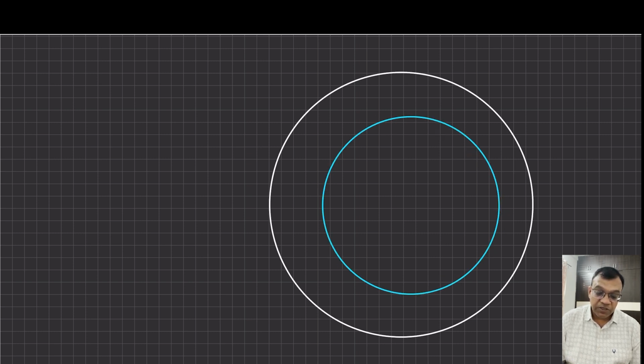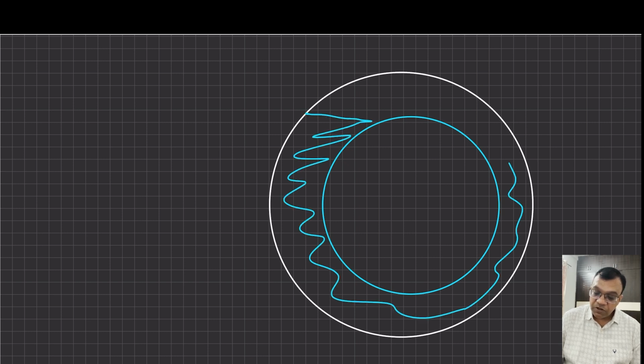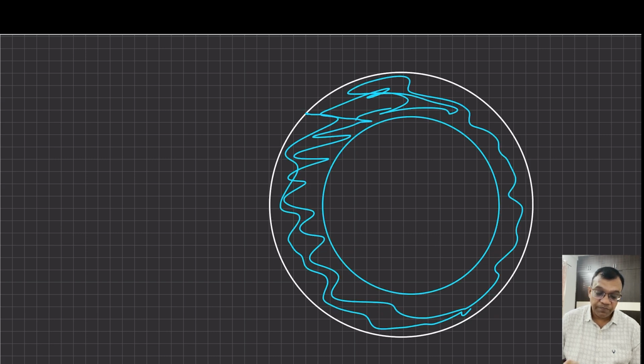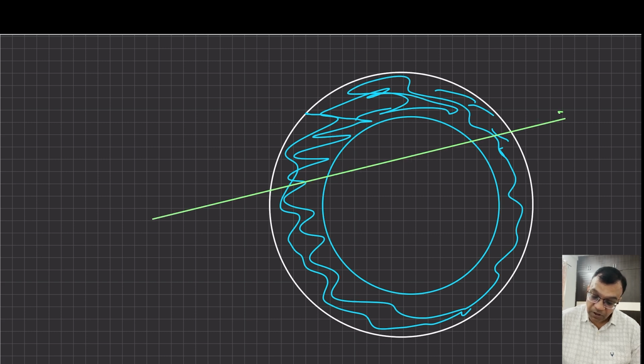Now here in this conductor we have only the conducting material. This blue color region is the conducting material, right? When this particular object will be placed in external electric field, like say this is the external electric field.